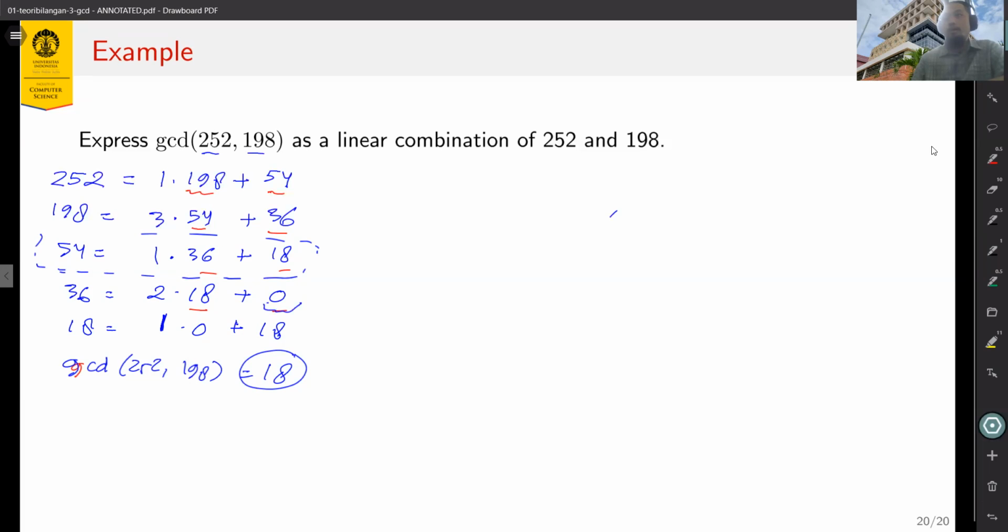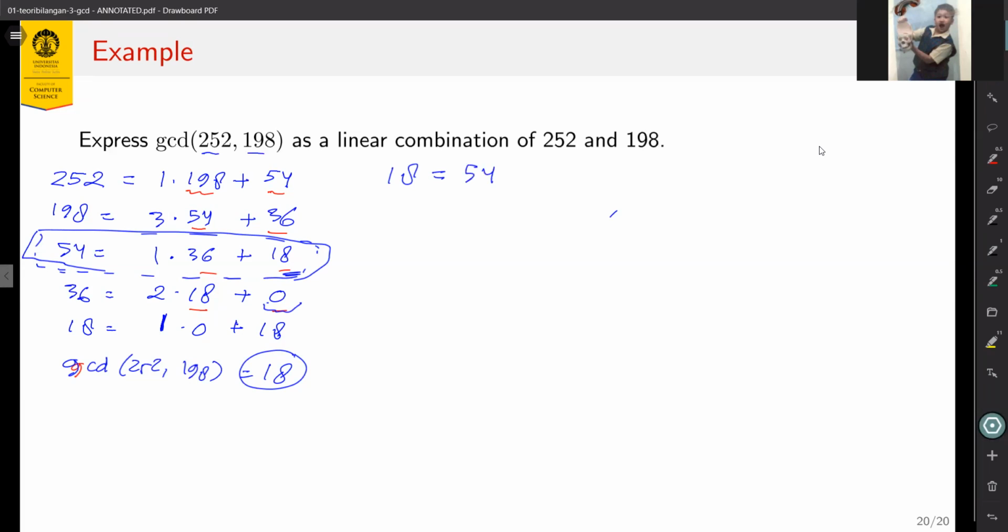What do we know from that? 18 is equal to what according to this line? 54 minus 36. Correct. Or let me write it with the multiplier: 54 minus 1 times 36.